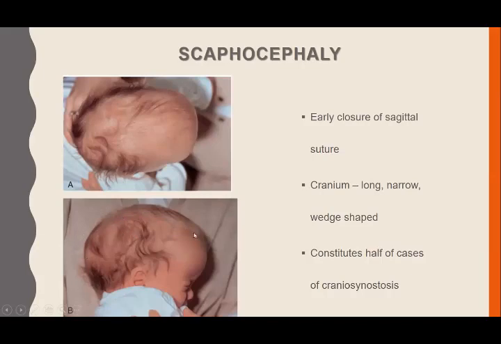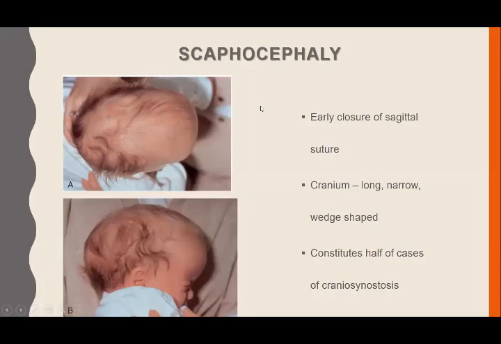So the suture between the two parietal bones, that is the sagittal suture, if that closes early, the cranium or the skull is long, wedge shaped. And about half the cases of craniosynostosis are because of early closure of sagittal suture. इसको स्केफोसेफली कहते हैं.